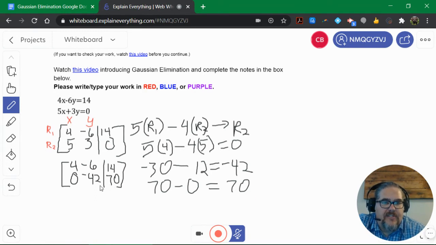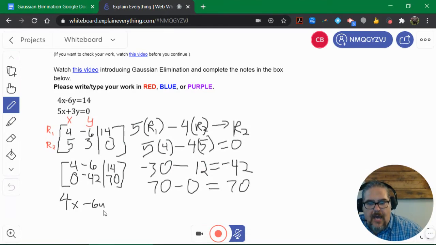Remember that negative 42, that represents the coefficient on the y. So what I'm going to do is rewrite these numbers as equations. So we're going to say 4x minus 6y equals 14.